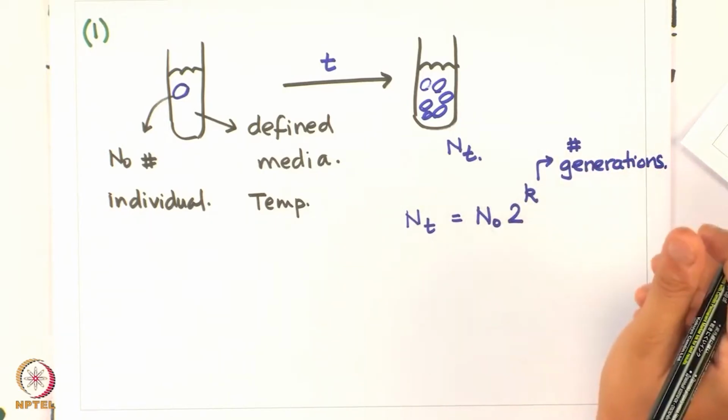Now, we also did something at the beginning of the course which told us that this relationship is not exact, but for the time that we are interested in, the difference between this representation and the differential calculus representation that we had done earlier in the course is not going to be very different, and hence this is a good enough approximation for what we are trying to find out now.